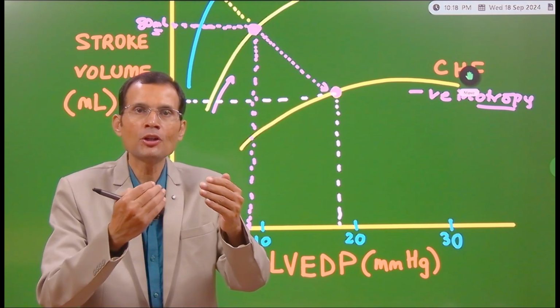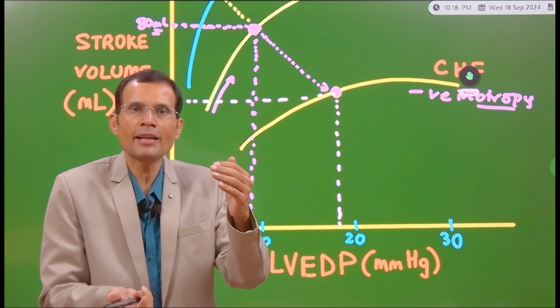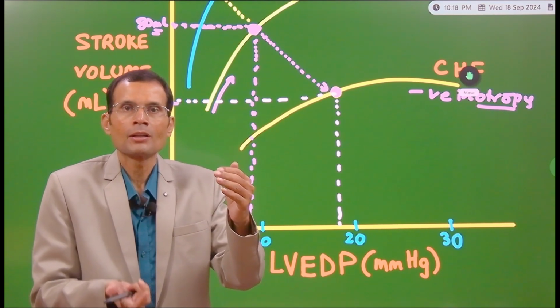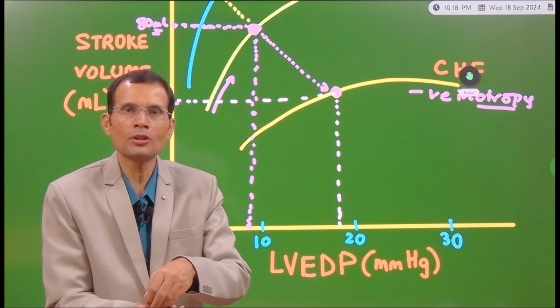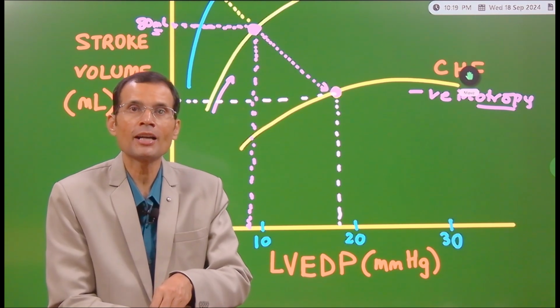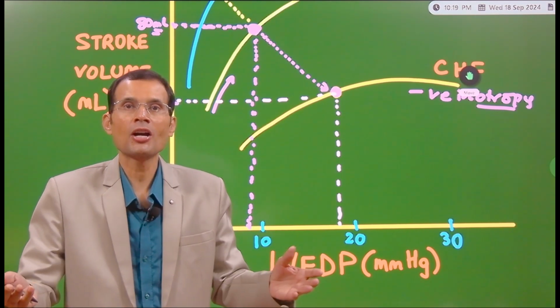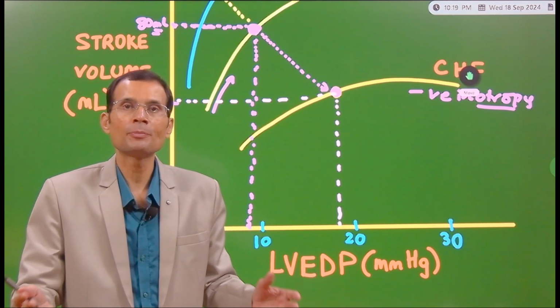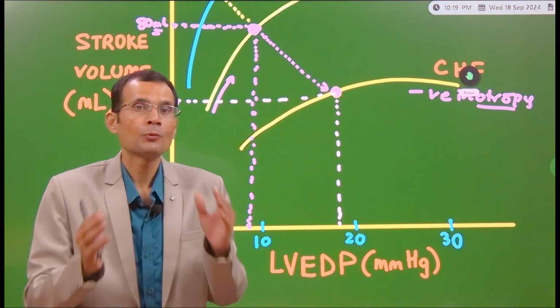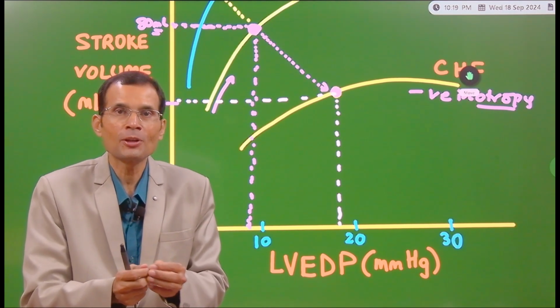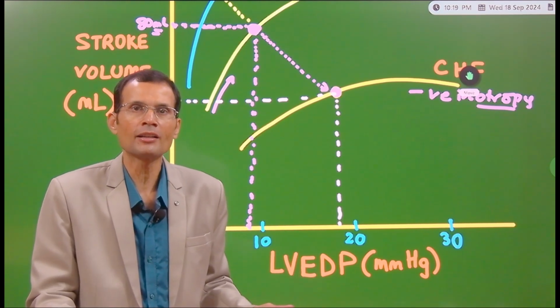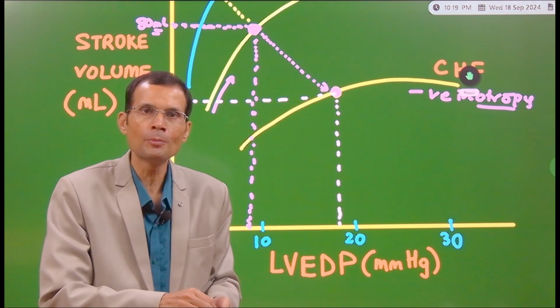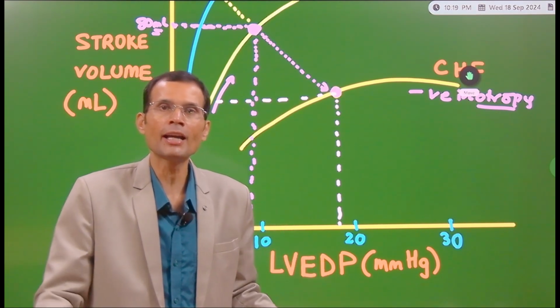That means by the end of the systole, more blood stays in the left ventricle. Then the ventricle goes in diastole and receives its normal quota of blood. So by the end of the diastole also, a greater amount of blood is in the left ventricle. Which means what? Left ventricular muscle fiber is stretched to a greater extent, isn't it? We have seen that the more the end diastolic volume, the more will be the end diastolic length.